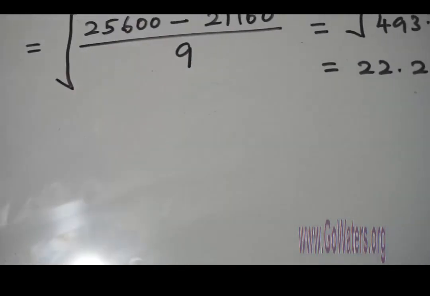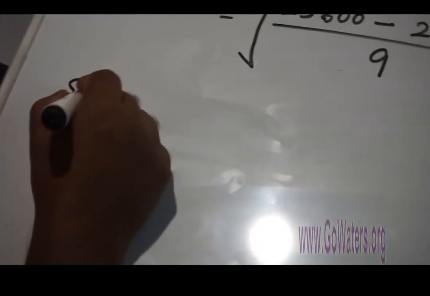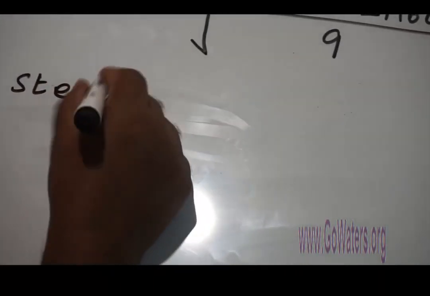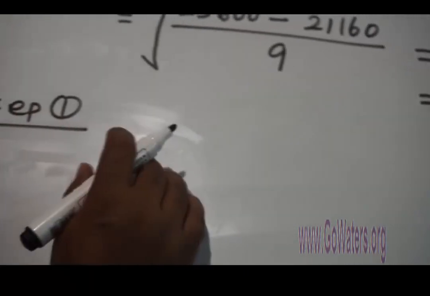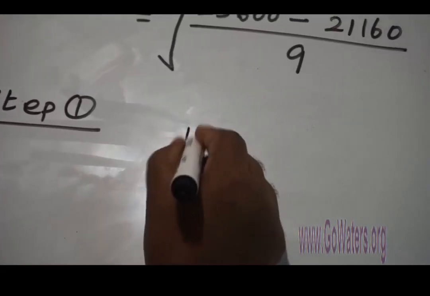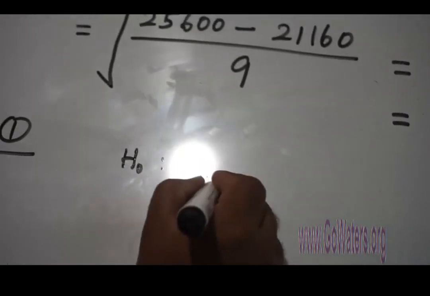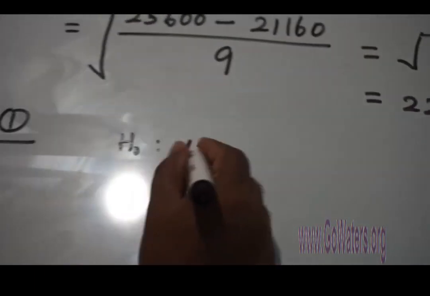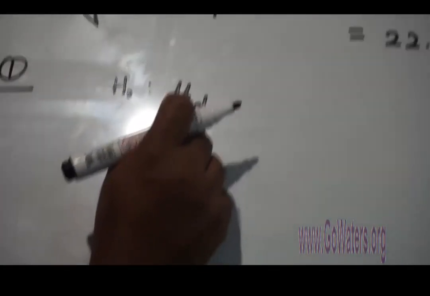Now I'm moving on to the testing of hypothesis problem. What is step one? Step one, we need to define the null hypothesis and the alternative hypothesis. H naught: I'm using mu D, the suffix D standing for the population mean difference, which is equal to 0.